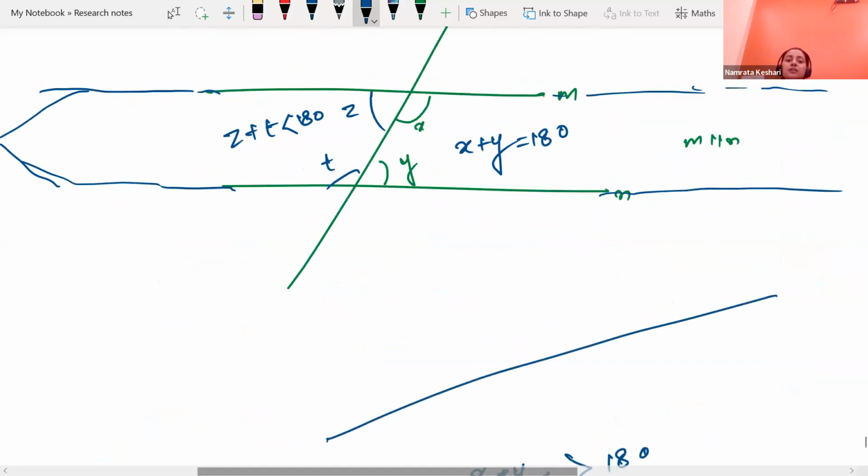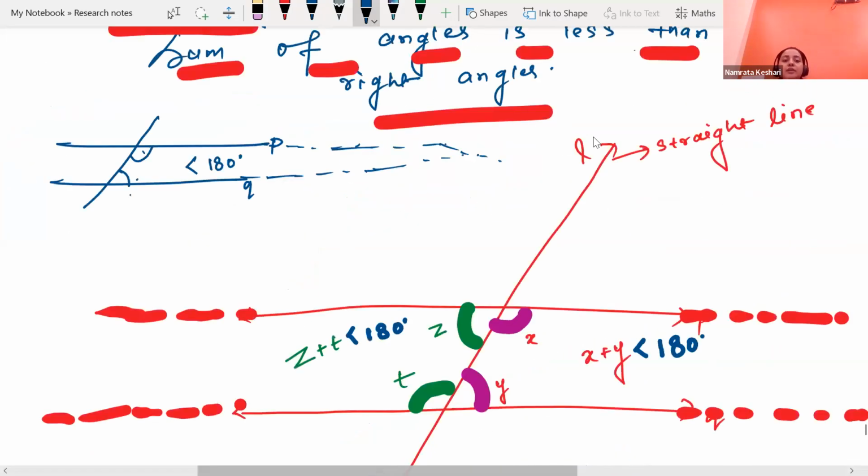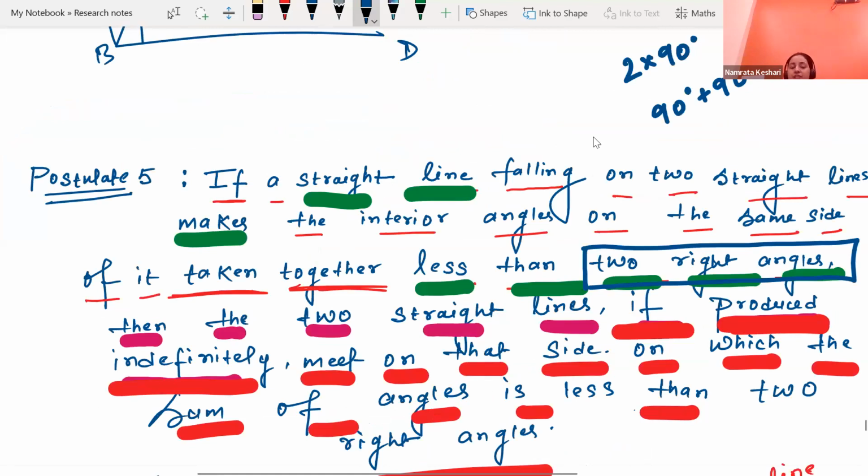So this is postulate number 5. A straight line falling onto two straight lines makes interior angles on the same side taken together less than two right angles, then the two straight lines, if produced indefinitely, meet on that side on which the sum of angles is less than two right angles.